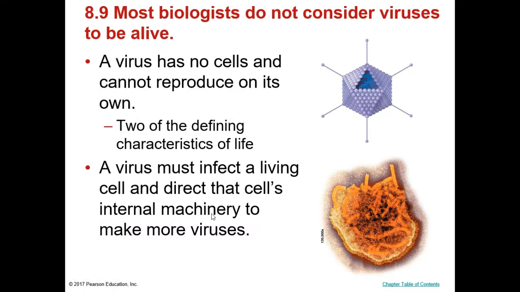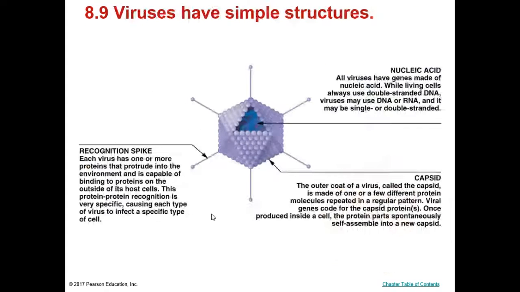Okay, so some of the last concepts in this lecture are viruses. We've already touched on viruses. Viruses are not alive, they are not cells, but they do contain genetic information encapsulated in a capsid, which is made up of capsomeres.